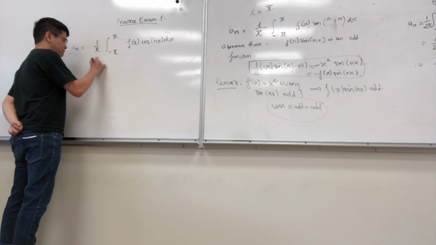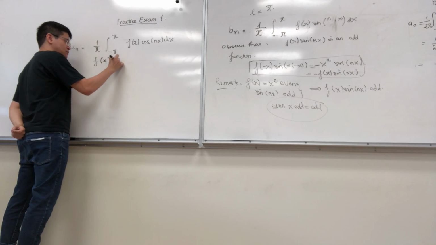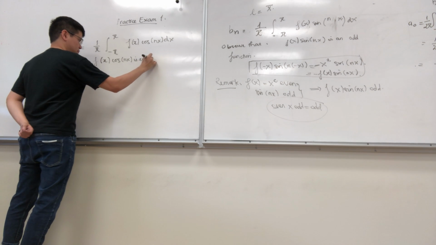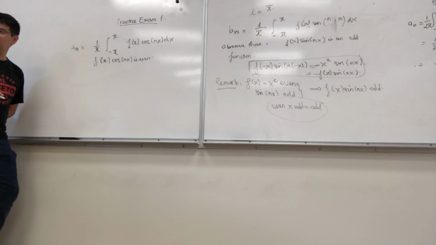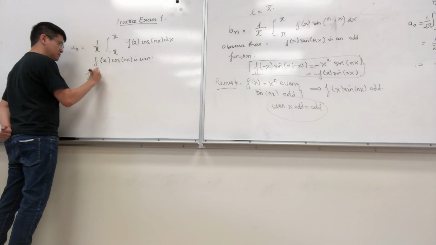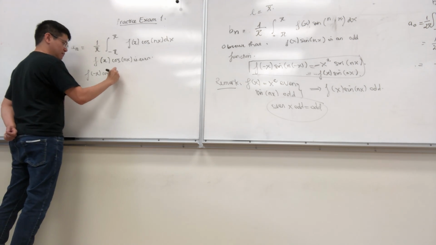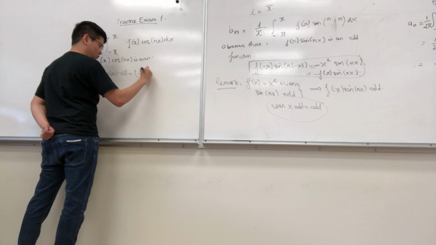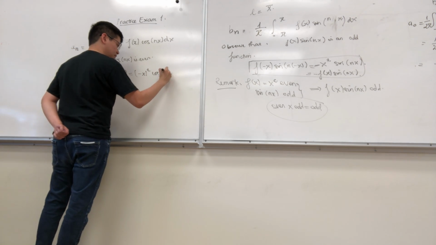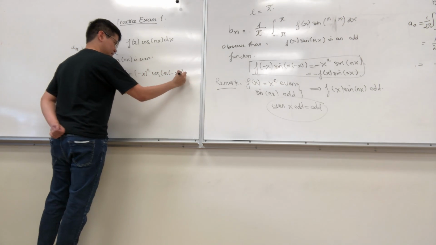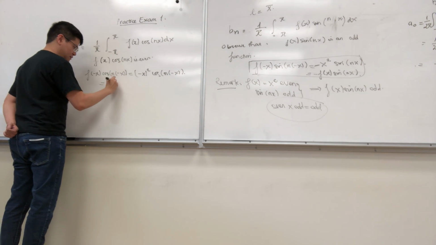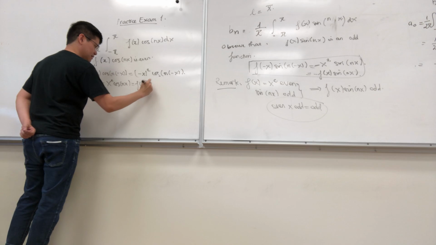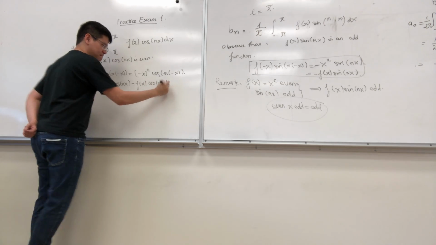So f(x) cosine nx is even, since you have f of minus x times cosine of n times minus x, which will be minus x squared cosine of n minus x, and this is x squared cosine of nx, and this is f(x) cosine of nx.